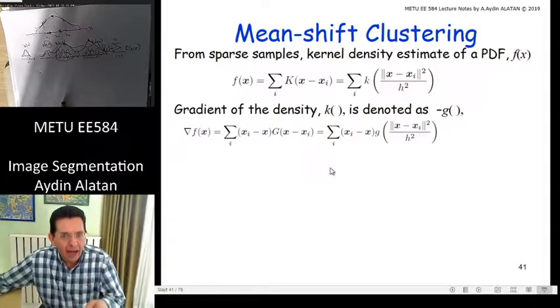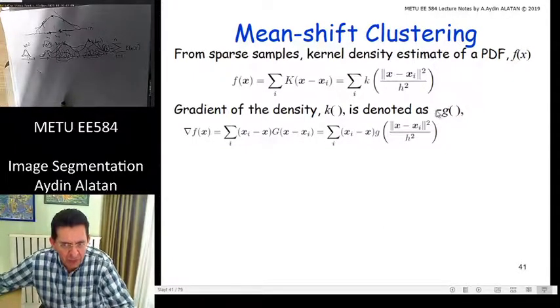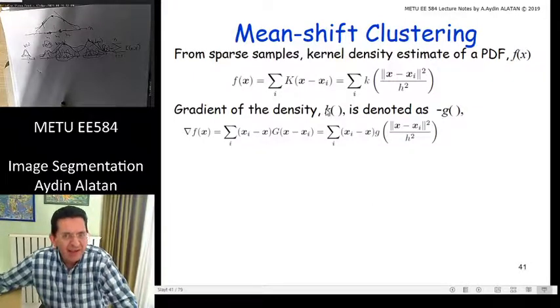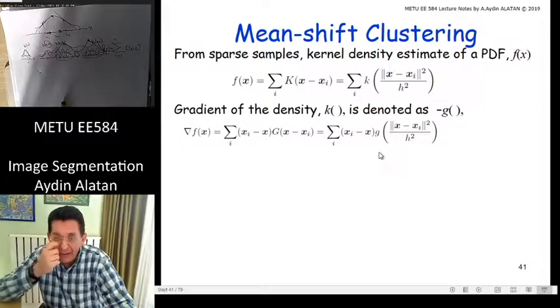Okay? Now, if you just take this derivative, here, just assume this is minus g. If you write it like a minus g, the derivative of this k is written as a minus g function. Here, instead of x minus xi, it will be xi minus x, and you will have this g here. Now, you will understand why I'm doing this little trick.